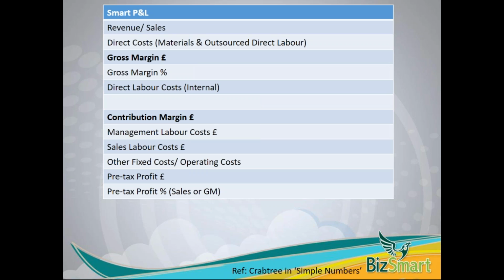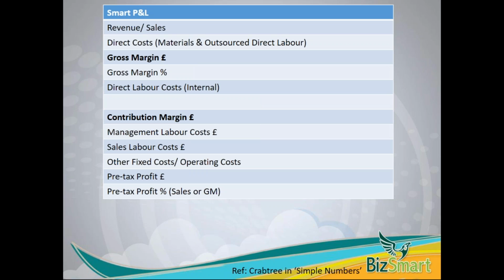And then you'll note below that, out of the other fixed costs, we've split out any other key labour. Now, we'll all have some management labour costs, because that will probably be us at least. We won't all have sales labour costs, but if you've got a sales team, then it makes sense to split those out of the other fixed costs, because then we can calculate a couple of ratios in a minute.